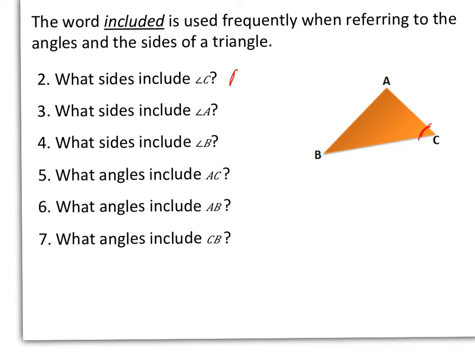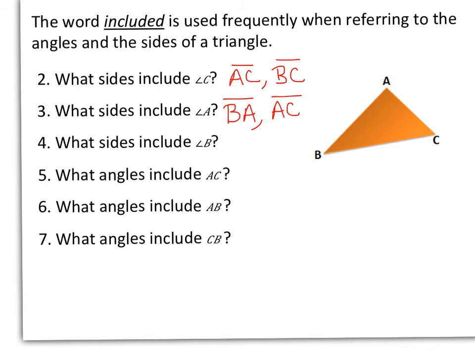And that would be side AC and side BC. Okay, number 3, what sides include angle A? So which ones contain this angle? Well, that would be side BA and side AC.